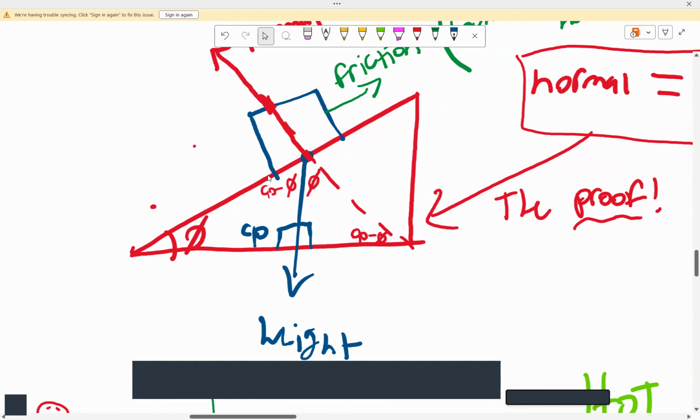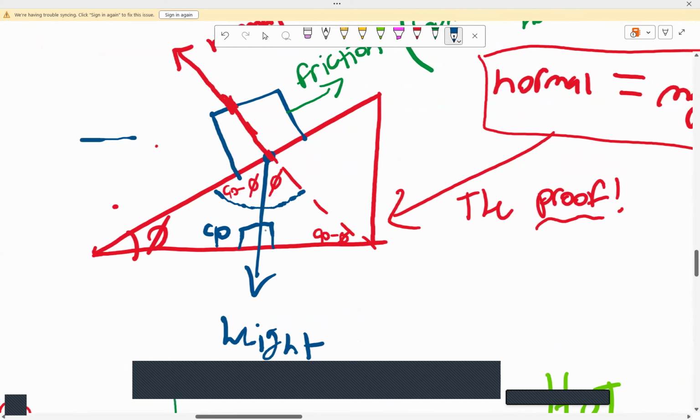And then because the two variables here, using classic geometry, have to be equivalent to 180 degrees, equivalent to a flat line, this has to be theta, this angle here, because this is 90 degrees and this will be 90 minus theta.